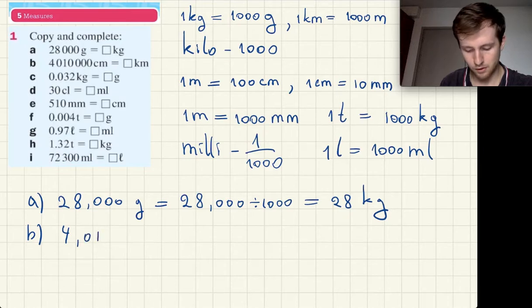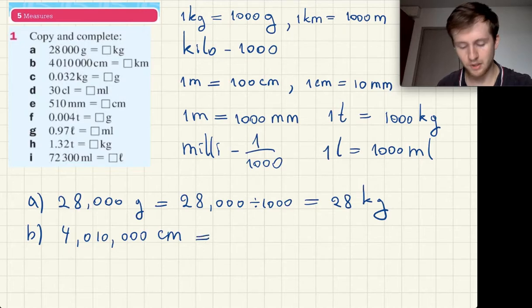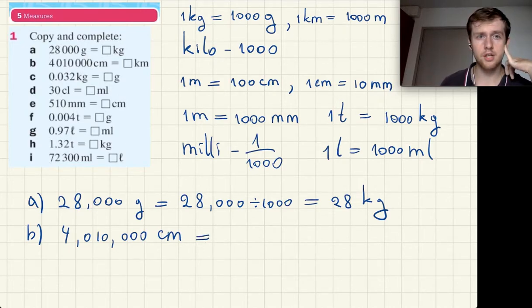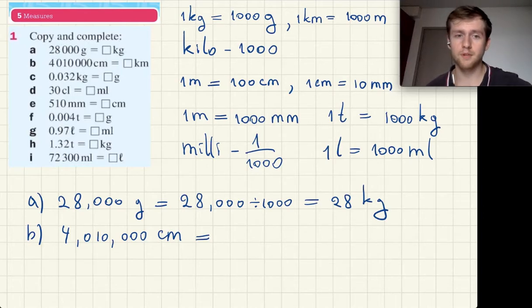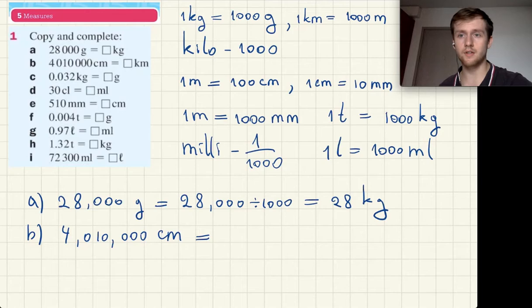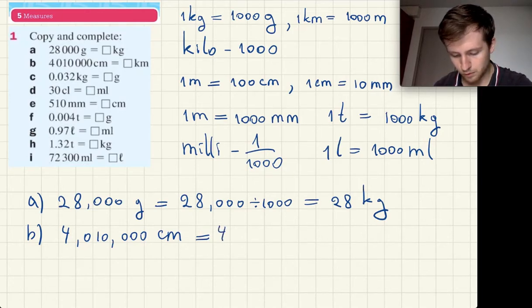Next we have 40,100,000 centimeters. Centimeters equals how many kilometers? Well, to convert from centimeters to kilometers, we have to do 2 steps, right? First, we can convert it to meters, and then we can convert meters to kilometers. So let's make it simple. First, let's convert it to meters. To convert to meters, we divide it by 100.